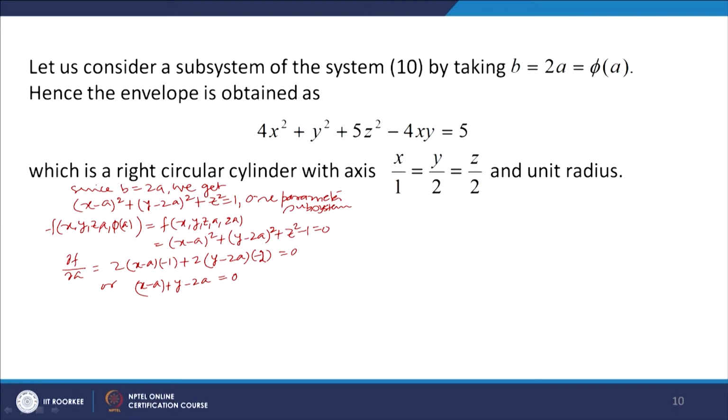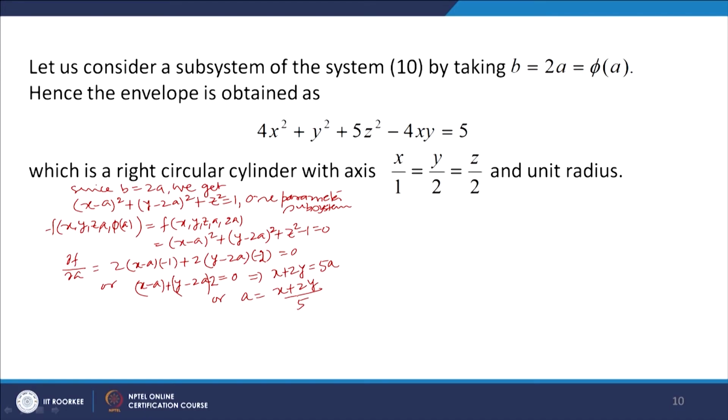So, we are dividing this equation by minus 2. This gives you x plus 2y equal to 5a, or a equal to x plus 2y divided by 5.